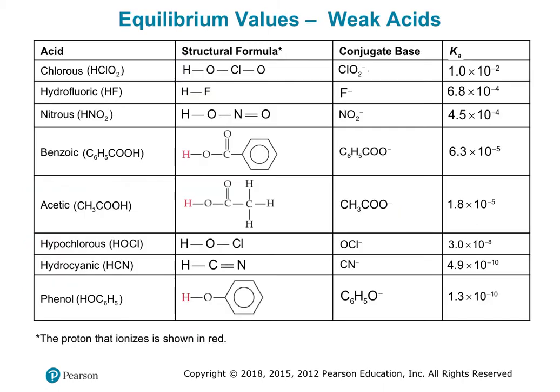Here are just some formulas and Ka values for different acids. We can see chlorous acid is pretty similar to chloric acid. It's not a strong acid, but it does have a larger Ka than some of the other ones. Hydrofluoric acid is one of those that didn't get included in the strong acids, mostly because fluorine is so small that the hydrogen is pulled so tightly it doesn't want to give it away.